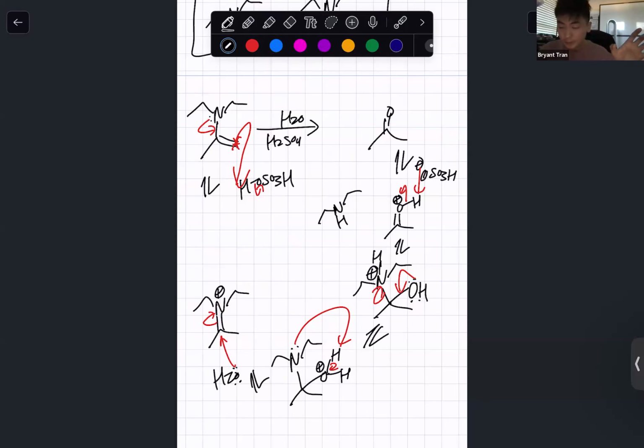There are other reactions as well, like carbonyl deoxygenation by Clemmensen reduction, Wolff-Kishner. There's Wittig reaction, Baeyer-Villiger reaction as well.